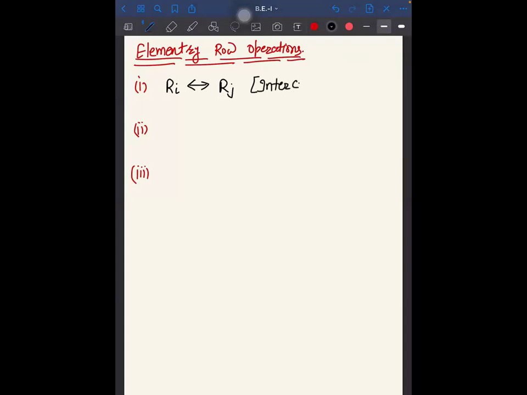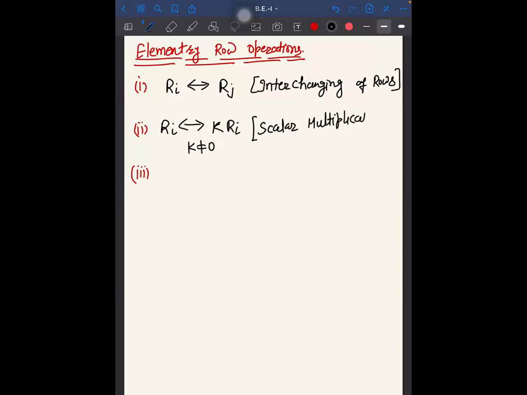Interchanging of rows. Next one is Ri can be replaced by K times Ri. We don't have any problem, as long as your K is a non-zero constant. Scalar multiplication can be done.